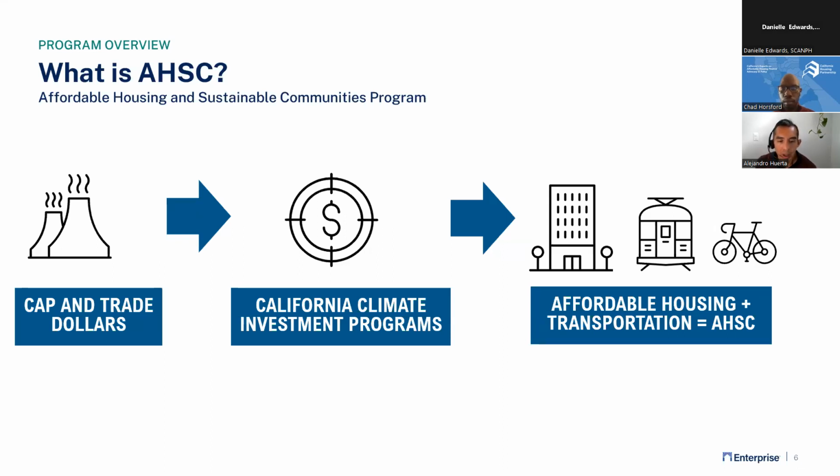And one of the Communities program out of these funds, it is a dedicated funding stream, which I'll go into. And basically, it funds two components: affordable housing and transportation together. Those both create an AHSC application.